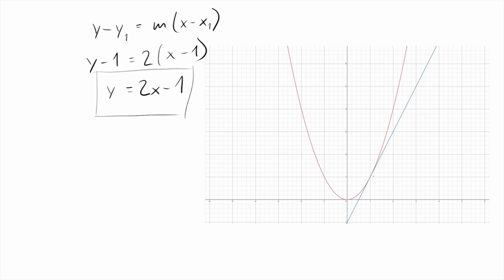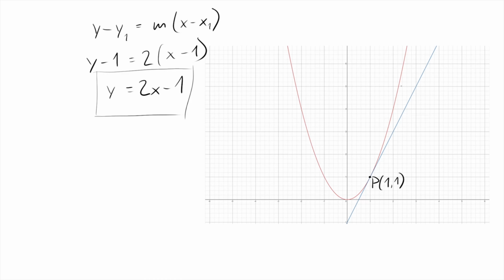And what you'll see right here is exactly the point 1 comma 1. This is the only point where the blue line touches the graph of y equals x squared. Okay, it's the only point where it touches that graph, and therefore by definition it is the tangent line at that point, 1 comma 1.